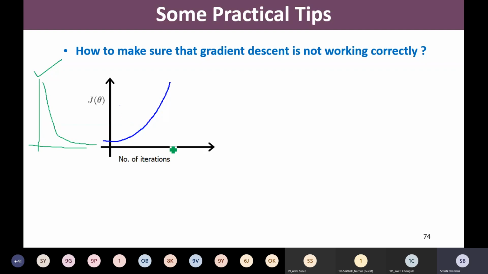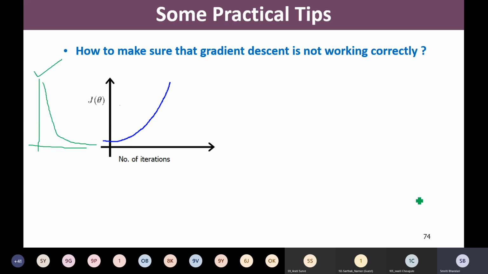Ideally I want my cost function to decrease, but it is increasing. So what would be the reason behind it? If my cost function is increasing with respect to the number of iterations, why may this happen?